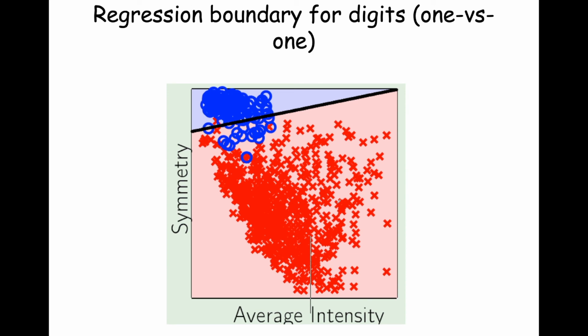And so if we do this for the same problem, the binary digit classification, the 5-digit versus the 1-digit, again, the intensity axis was the horizontal axis, the symmetry axis is the vertical axis, the red points are the 5 digits, and the blue points are the 1 digits.